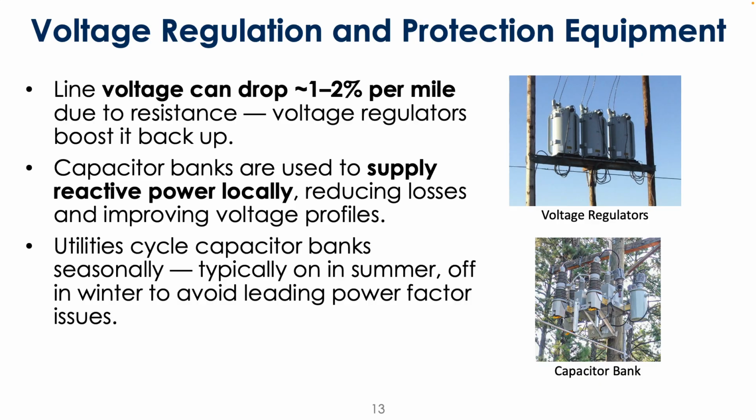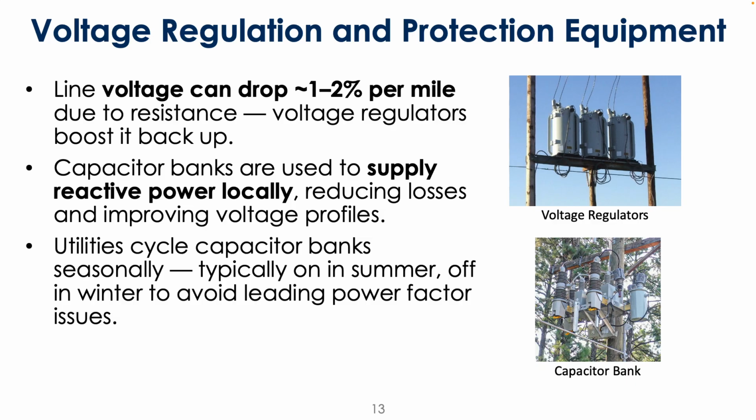Okay, so one thing that is common to see is voltage regulators. Voltage can drop as a result of moving through the wires, right? This is due to impedance. We're not really going to talk too much about that, but basically as electricity travels through wires, you experience these voltage drops.